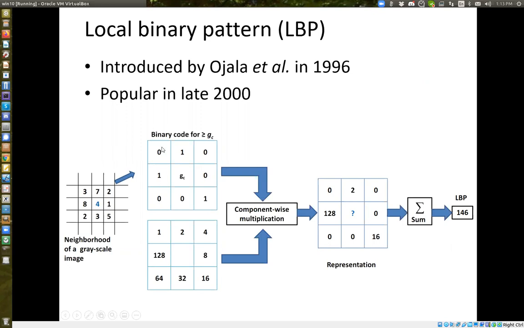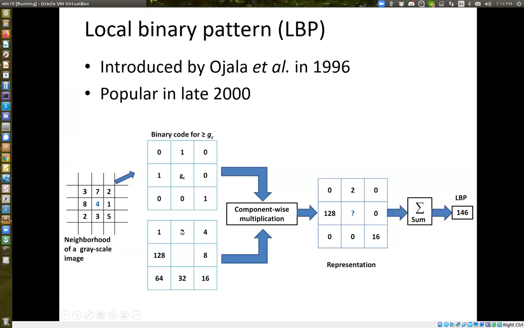If you think of this as a binary number, how do you convert it to decimal? If I have a 1 there, what does this bit correspond to?